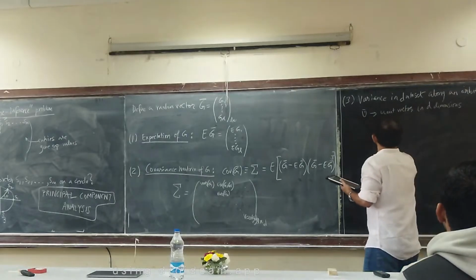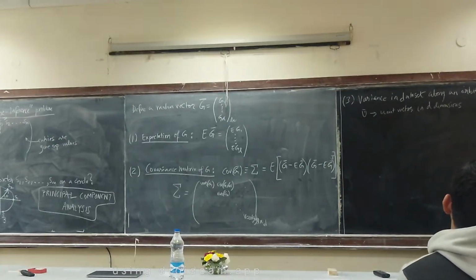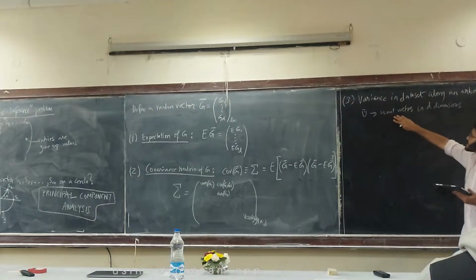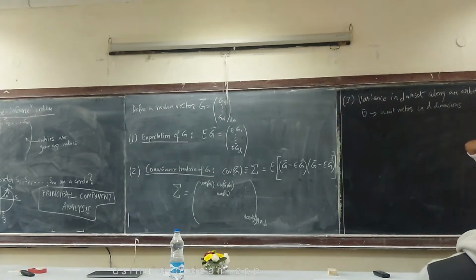Okay? So if I want to now find the data along this direction, can someone tell me what I need to do? What is the simple operation that you can do to collapse this data set, my high-dimensional data set, along this direction? Have you all heard of dot product?